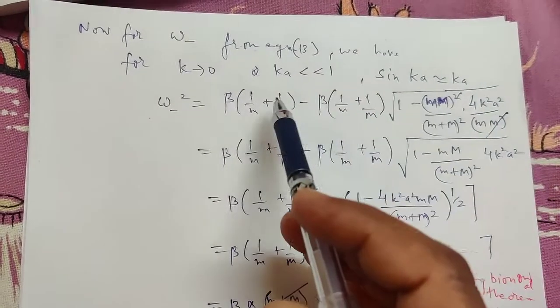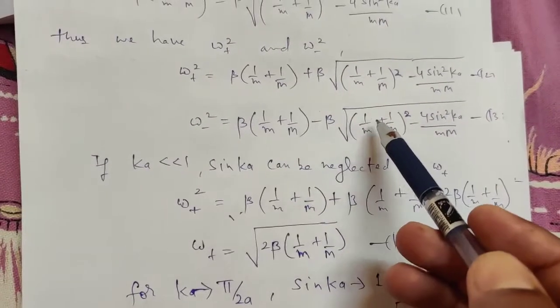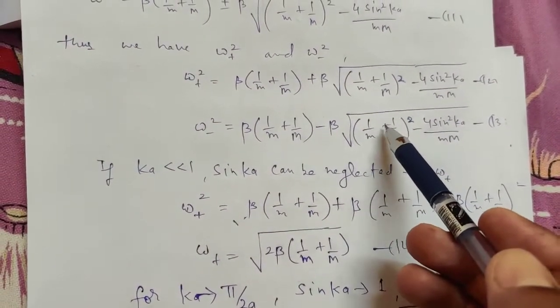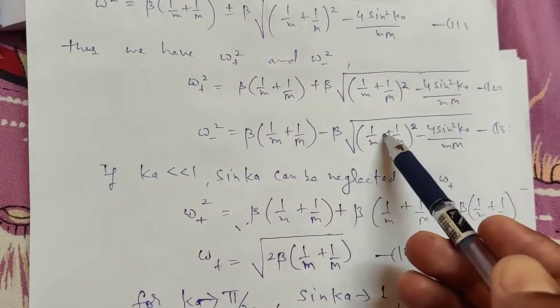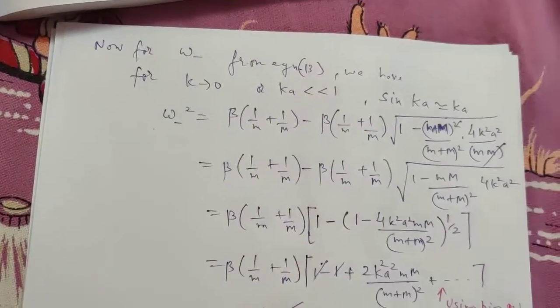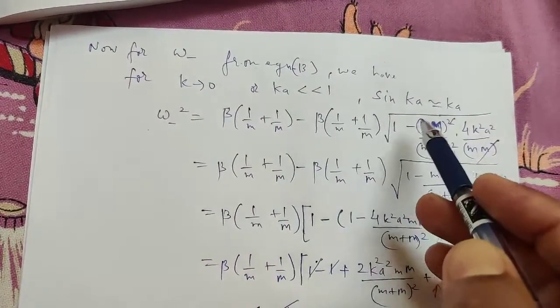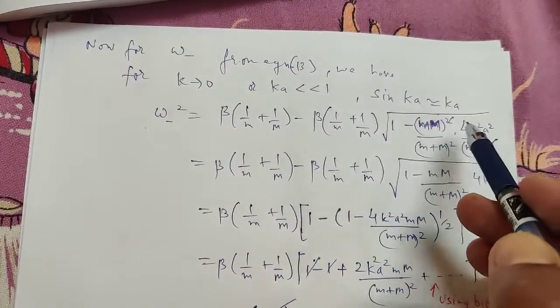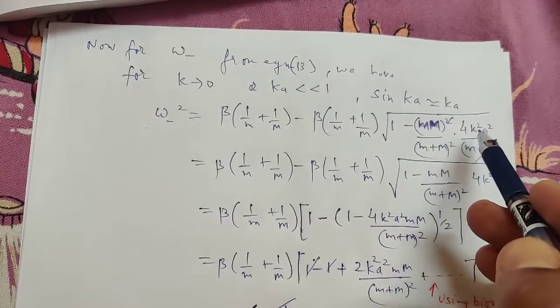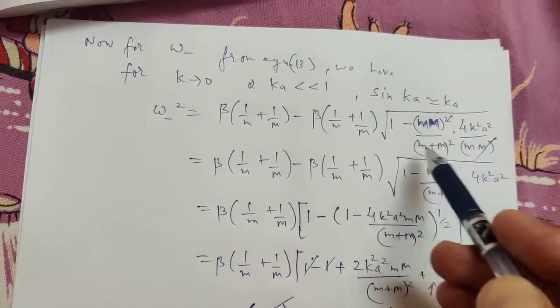So now I will take, for example, this common from this bracket, there will be it common, so the square will come out simply, it came out like this, and there will be 1, and if I solve this, this will be this, and because sin Ka is equal to Ka, sin Ka square will be Ka square, this will be cancelled.